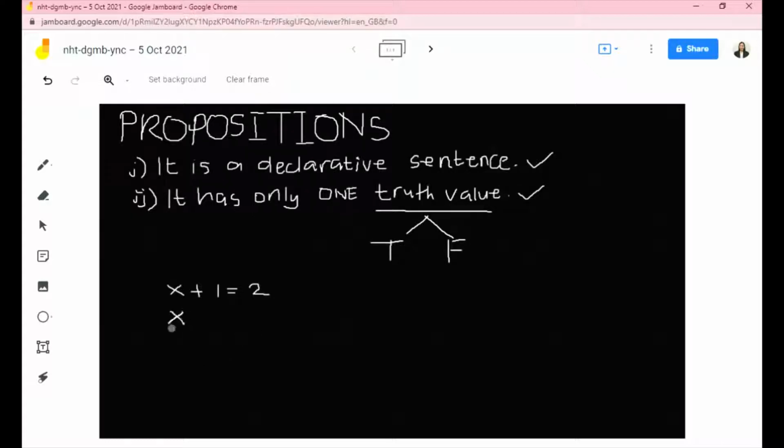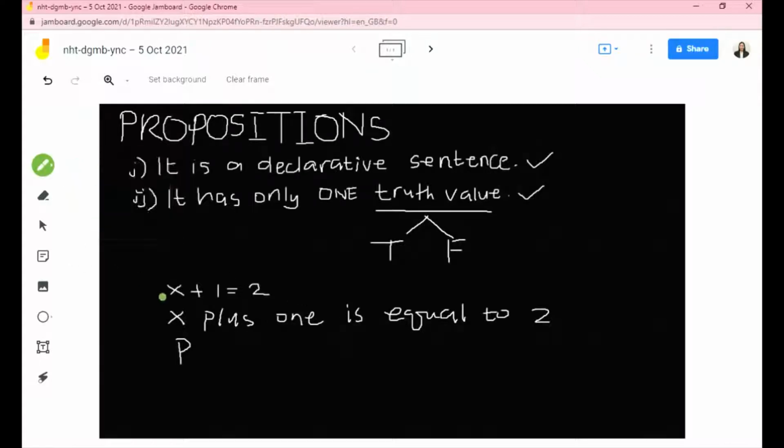This becomes x plus 1 is equal to 2. Alright, now aside from the mathematical form and the English form, we can also represent the English form in an argument form, or we can use propositional variables like P. So we will suppose that the statement P is our sentence x plus 1 is equal to 2.